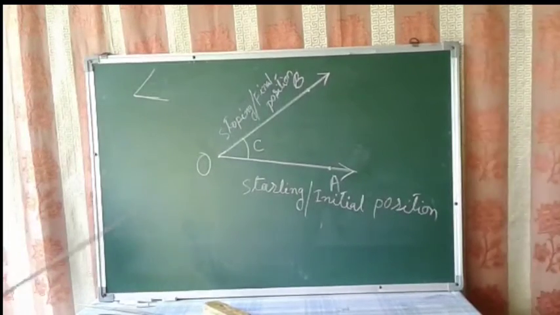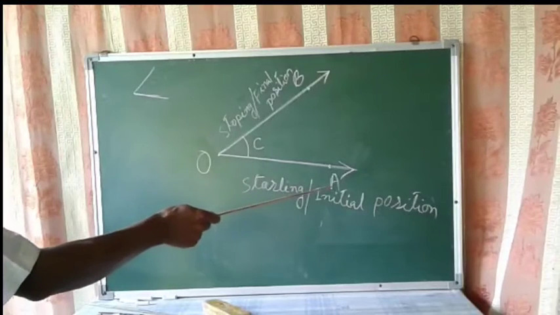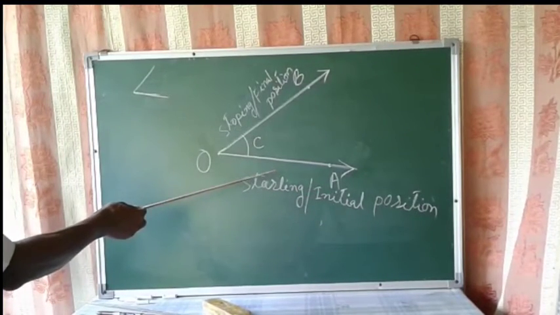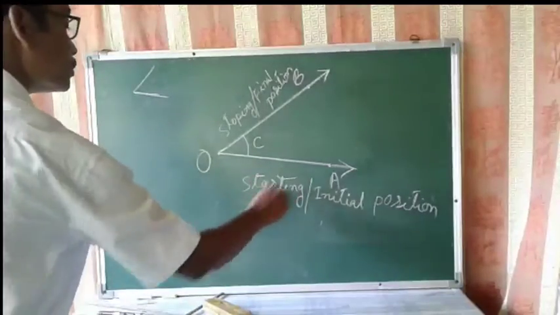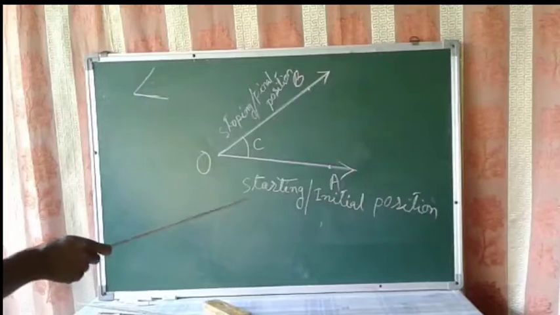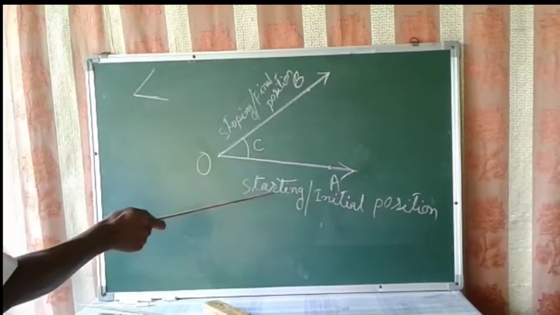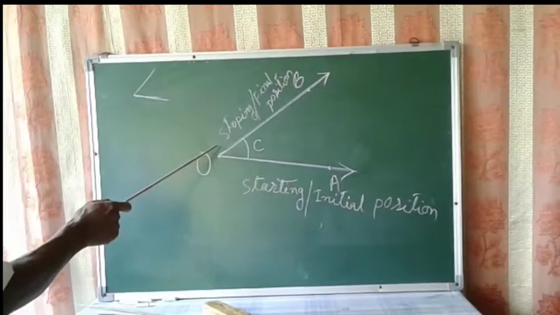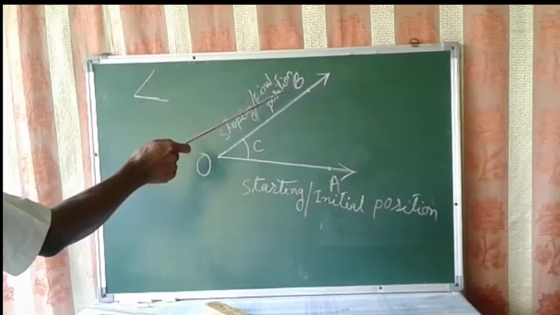Let a revolving line or ray OA start rotating from the initial position OA about the point O until it reaches the final position OB.